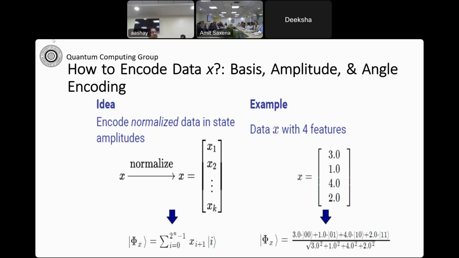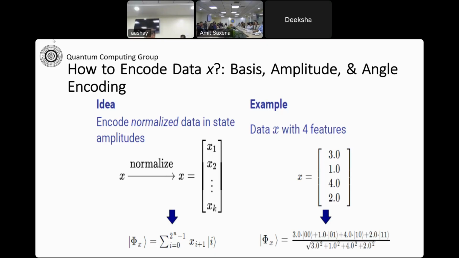Because as you are encoding across the basis, your constraint is that the sum of the squares of the amplitudes will be 1. So you have to normalize it, otherwise you cannot satisfy that constraint. You normalize it, and you generate it like this. So what do you generate?